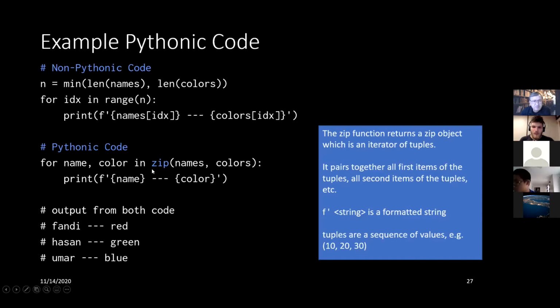Zip is just a feature that was added that converts these lists into a form where they can be iterated over. But this is much more concise, and having these two variables iterate at the same time over those two lists is not unnatural. It's not cryptic once you understand the syntax that allows for that. And that's a much more straightforward way of doing that than what we had to do up there.